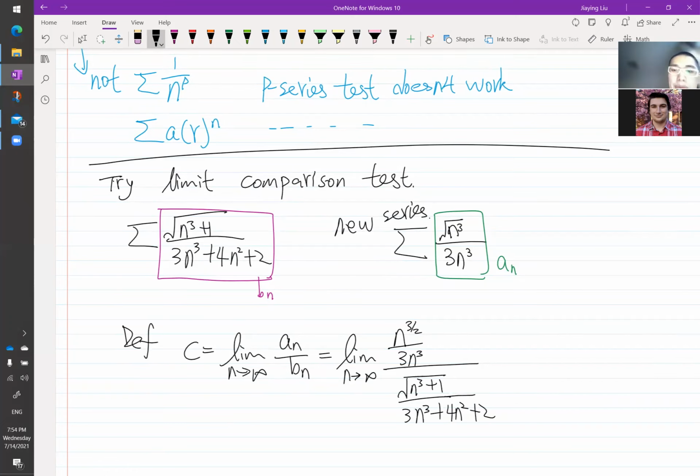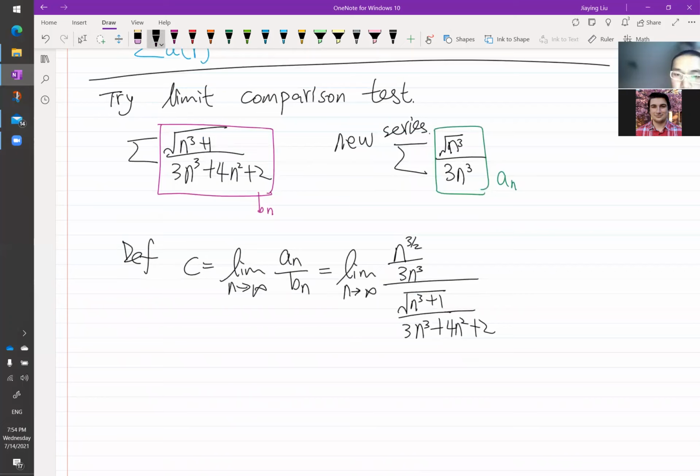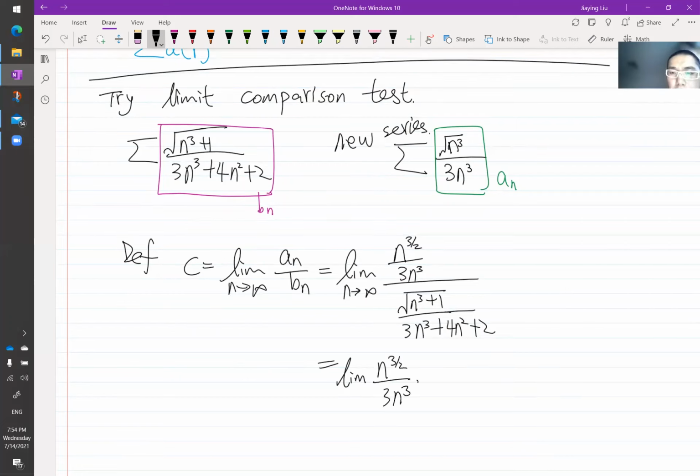Then I'm going to flip the denominator. The numerator you can obviously simplify, but let's just leave it for now. So that will be n to the 3/2 divided by 3n cubed, times 3n cubed plus 4n squared plus 2 divided by the square root of n cubed plus 1.